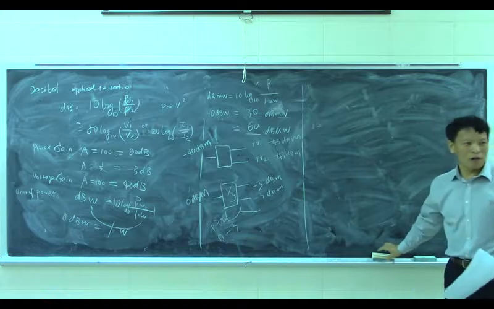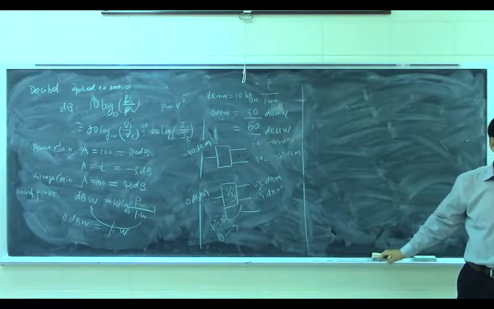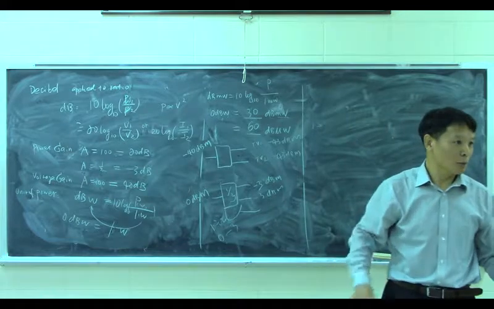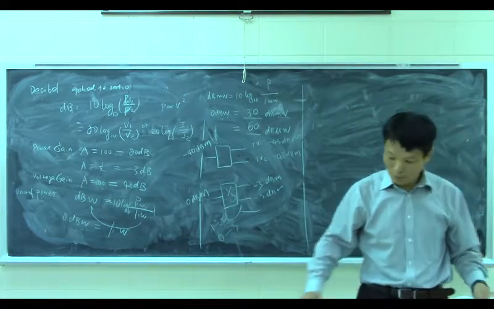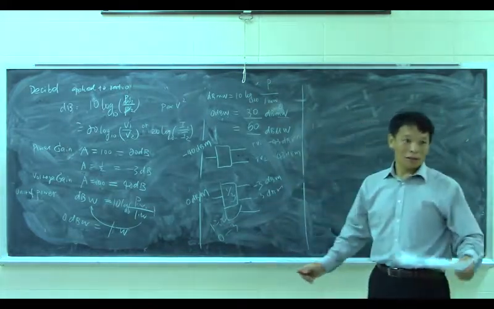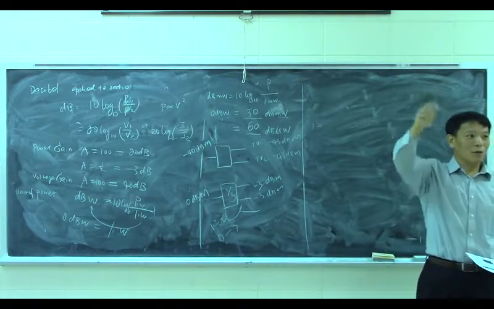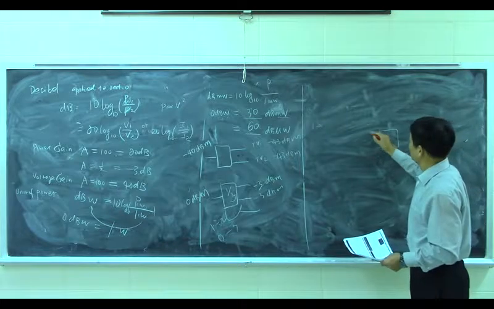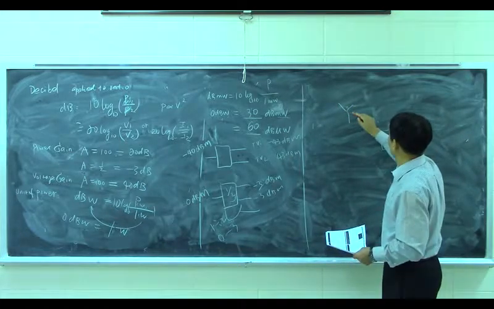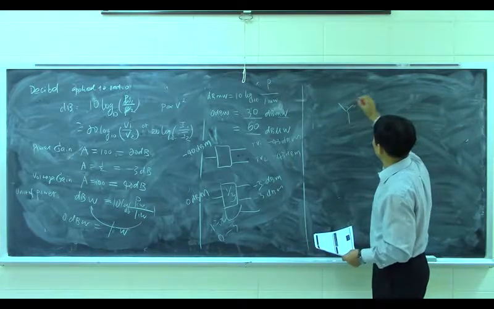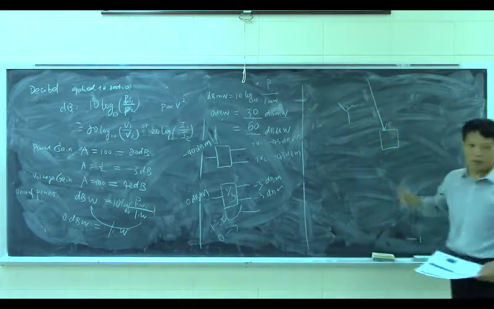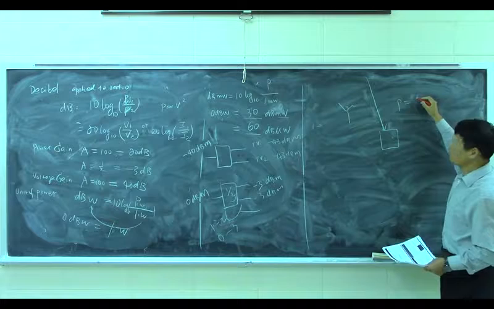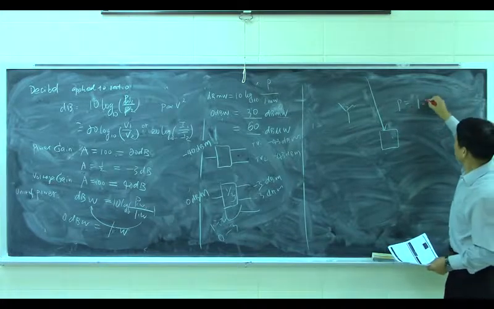Negative 3 dB means half, right? 3 dB means double. For example, you have a TV and you want to receive the signal from the air. Suppose this is your TV, and the received signal power equals, for example, 1 microwatt.